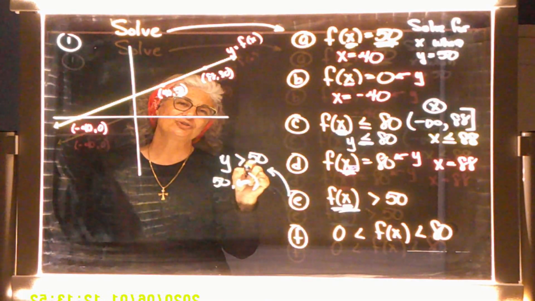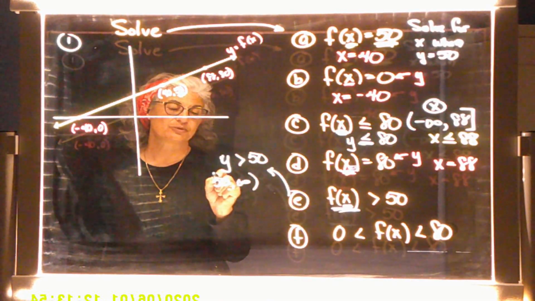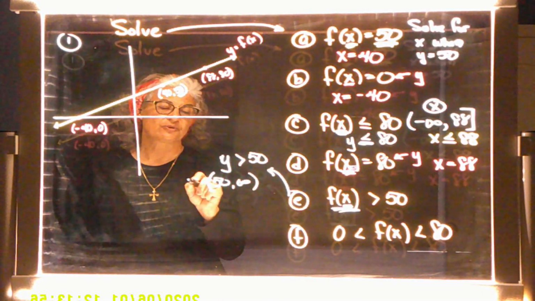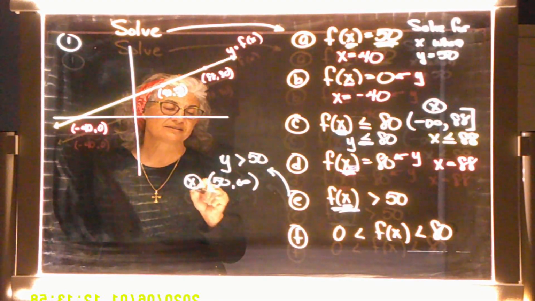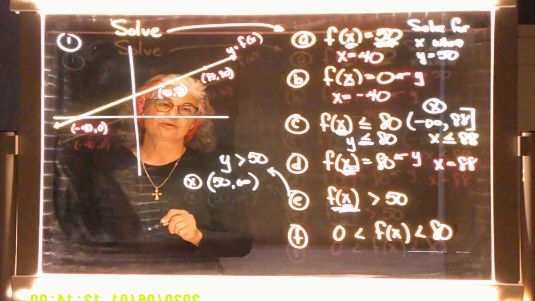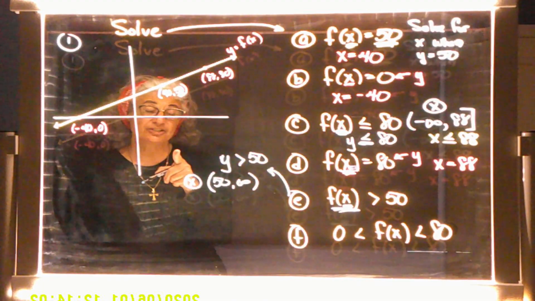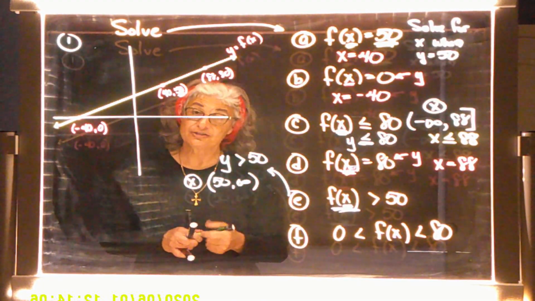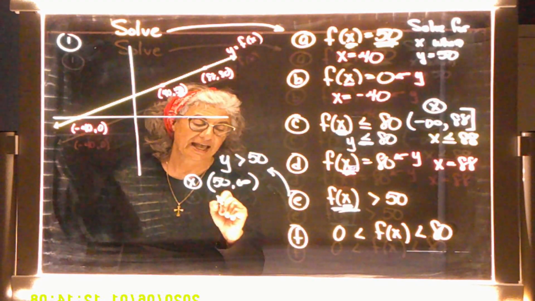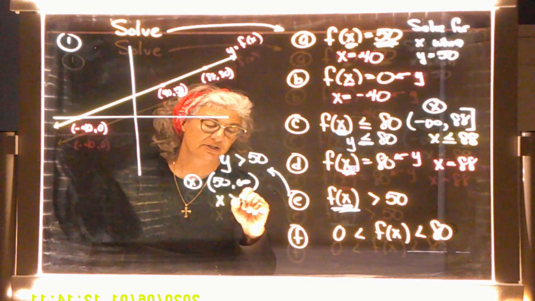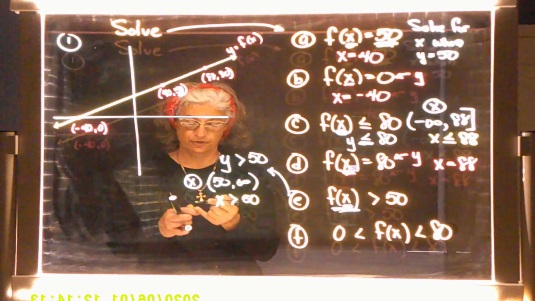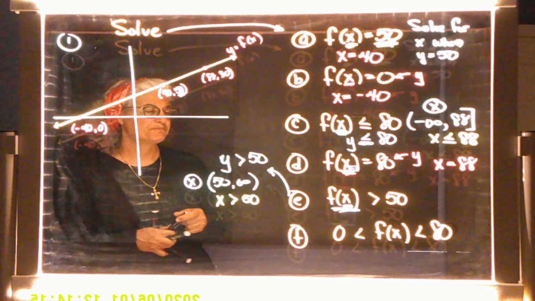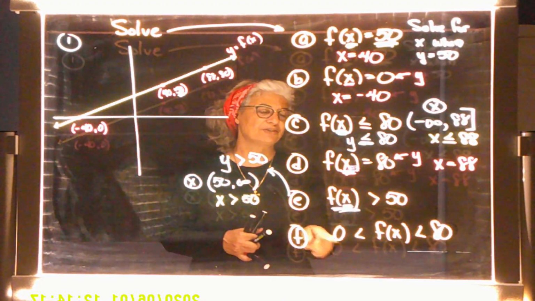But is it equal to? No, it's not, which means you put a parenthesis here. So these are your x's that are keeping the y's greater than 50. Now, mind you, if they don't want interval notation, your set notation would be x being greater than 50. Agreed?